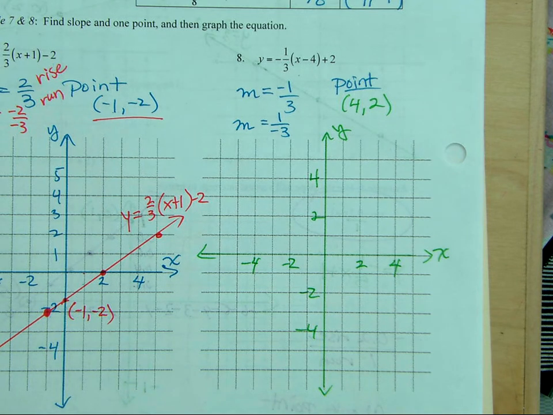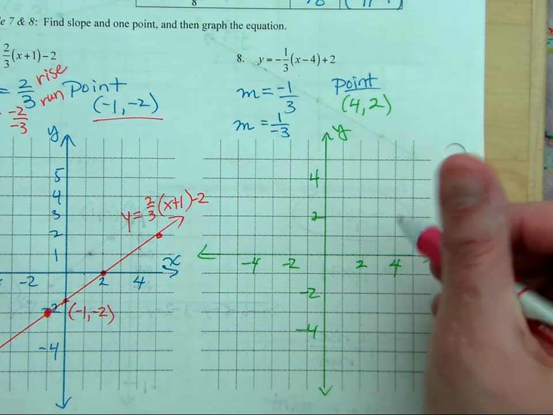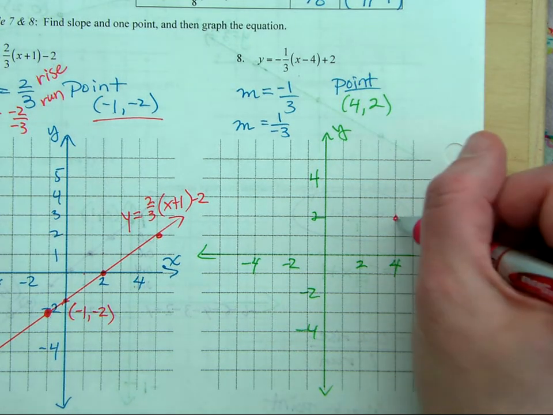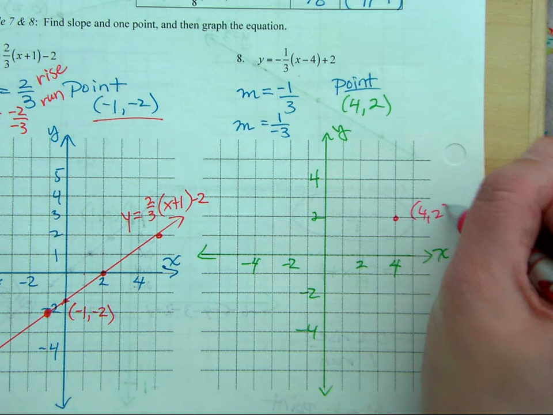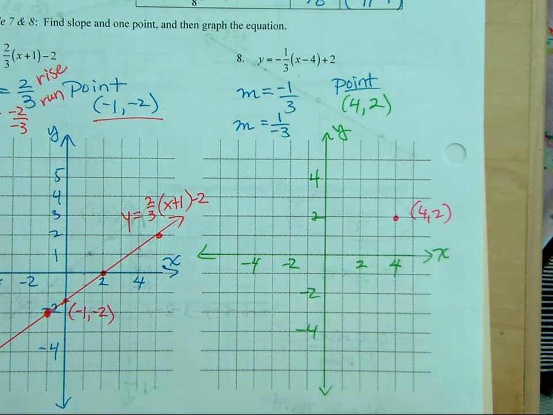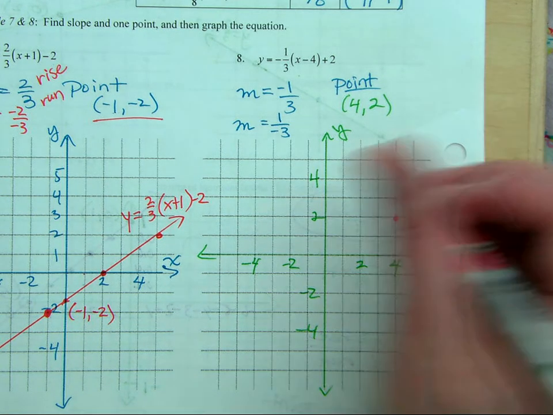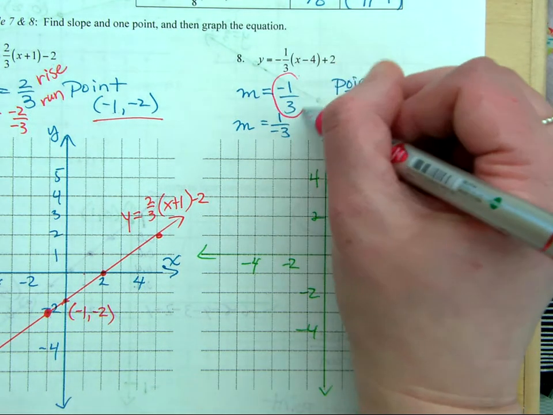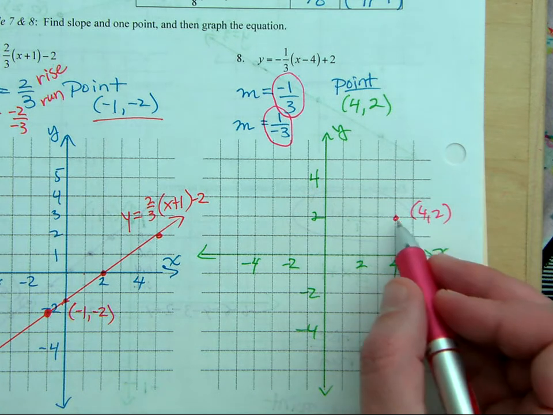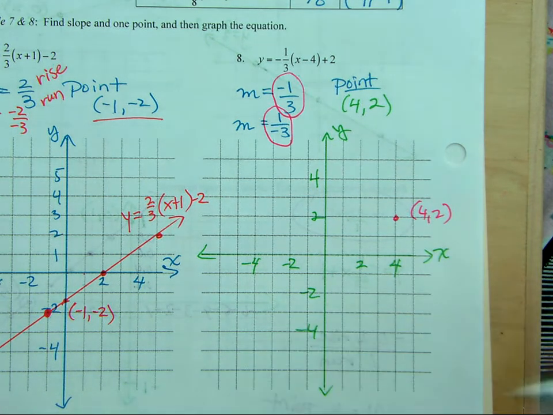Okay, so what am I going to start by doing? What did you do first? Yes, I'm going to plot the point 4, 2. So I go over 4, up 2. 4, 2, not 2, 4, right? Totally different point. All right, and now what do I do with the slope? Okay, I'm going to rise 1, and that's important. The reason we have these written in both ways is because there's no room to go forward 3 on my graph.